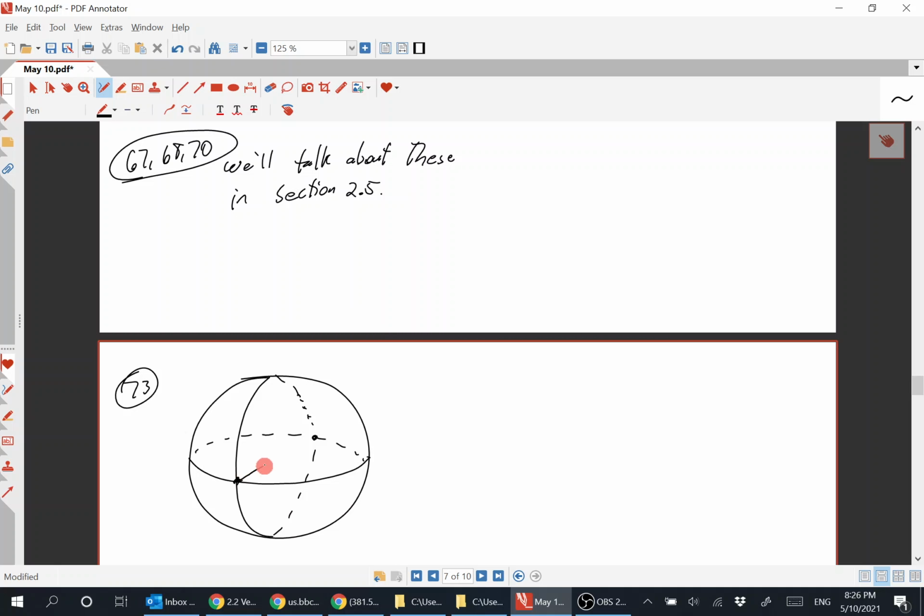So you've got a diameter of this sphere with the points (−1, 5, 7) and this point over here, (−5, 2, 9). So the center of the sphere is the midpoint.